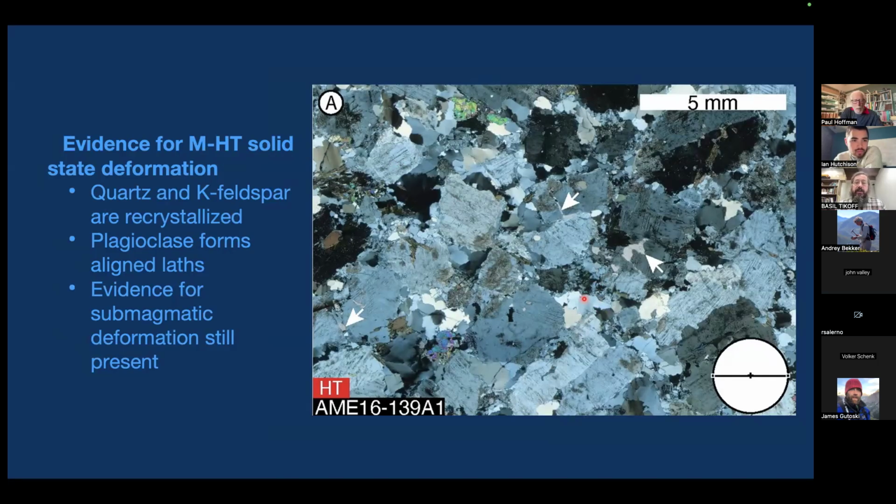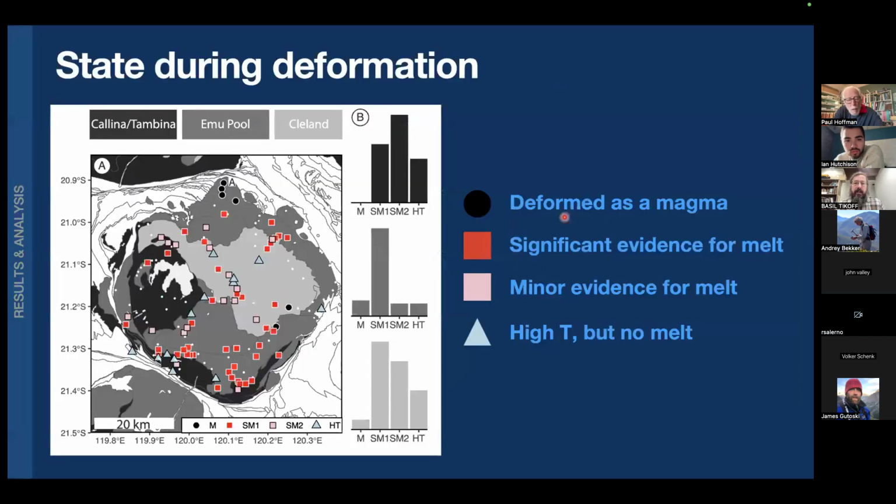And there's still evidence for submagmatic fractures. So if you look here, for instance, you can still see one of these quartz infillings in a plagioclase grain. So we're preserving the earlier texture, so it's not extremely deformed, but we're definitely deforming it at lower temperatures than the submagmatic fabrics.